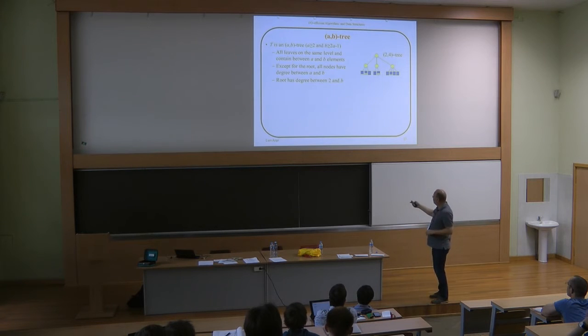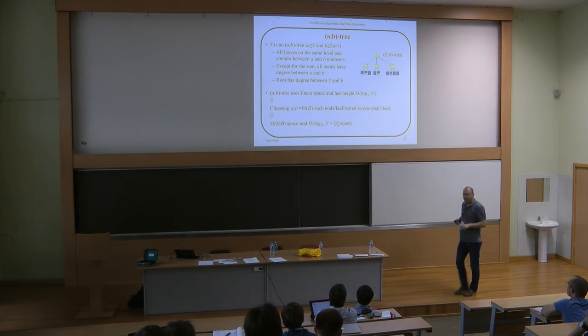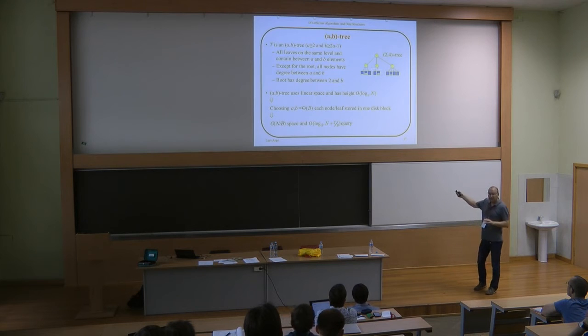The elements are sitting down here in the leaves in sorted order, yes. Yes, that's actually important. So they're not sitting up here. Up here you just have elements that guide your search, right? And if you're wondering, in one node with big fan out, you actually have a lot of elements sitting, right? Because you need to be able to decide which one of the children you should visit.